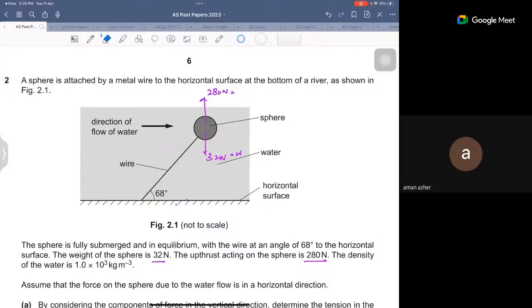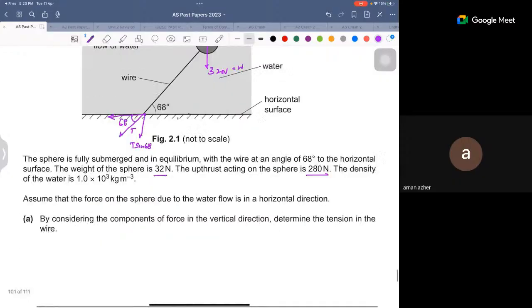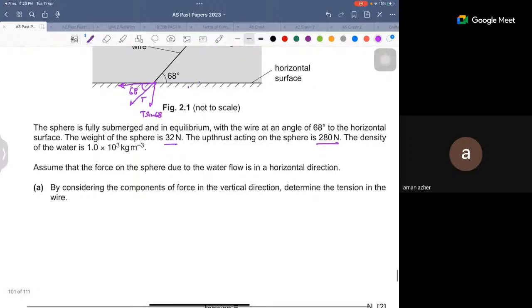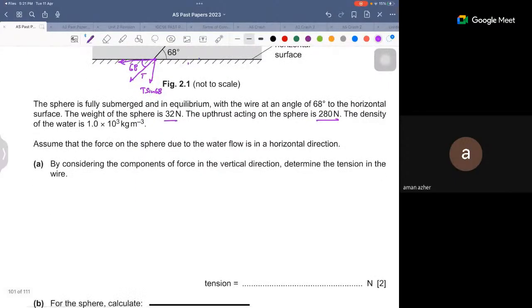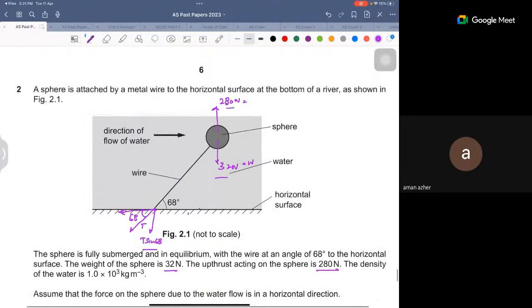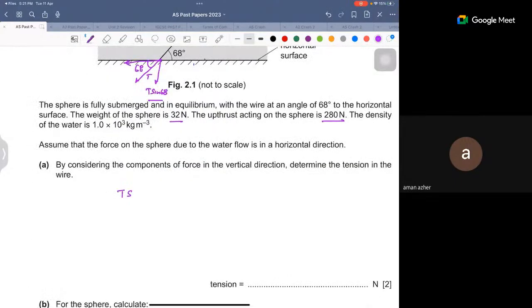You can make it like this as well. Tension, so this is like 68, so T sine of 68. Okay, so we want to find the tension in the wire. Now we will only use the vertical things. So this is down, and that is up. Okay, so this is an equilibrium, so we're going to write T sine 68 plus 32 equals 280.